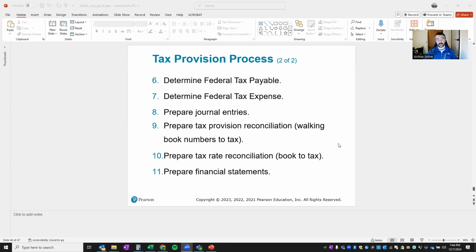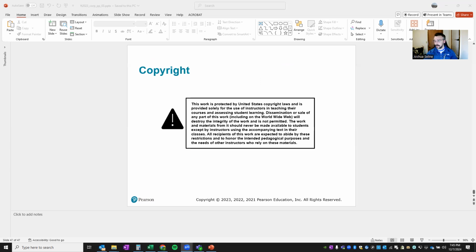You determine your federal tax payable, you determine your federal tax expense, prepare your journal entries, prepare your tax provision reconciliation. So that's reconciling your book difference to tax. You prepare your tax rate reconciliation, you prepare your financial statement. I do have an example of what this can look like.